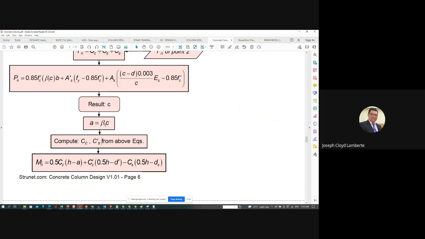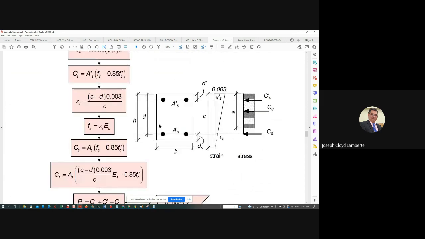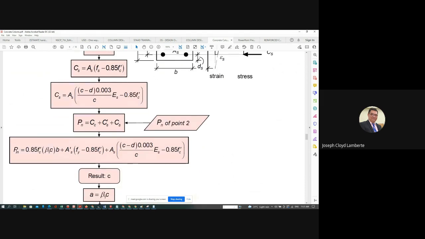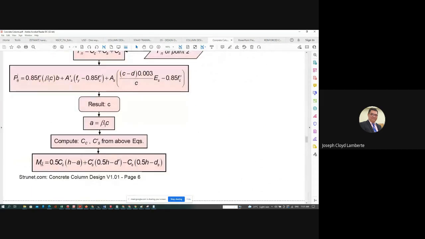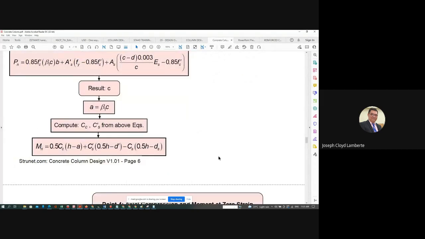Imo din makuha ang moment. By the way, with this section, given na bali ang imong reinforcement diya class. Given ang reinforcement. So given na ang section sa imong column, given na ang reinforcement. So all you need to do is kuhanin mo ang moment capacity, actual load capacity and moment capacity. So that is y-axis, x-axis ang moment.